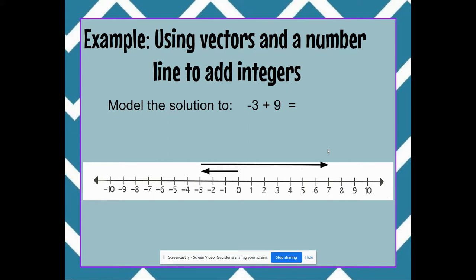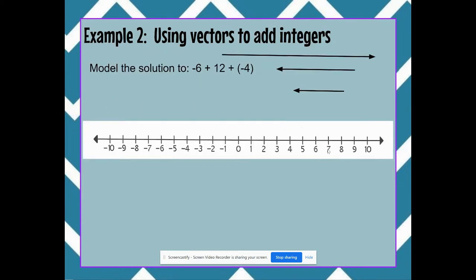We start the second addend vector, which is 9, but we start the tail at the -3, which is the end point of the first vector. This vector points to the right, and it ends at 7. So we look down from the end of the second vector, and we circle the 7. That is the answer to our problem.